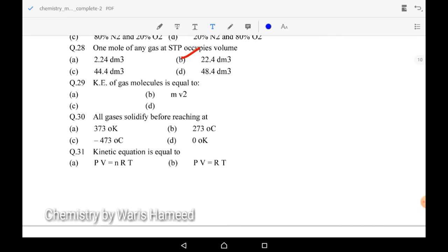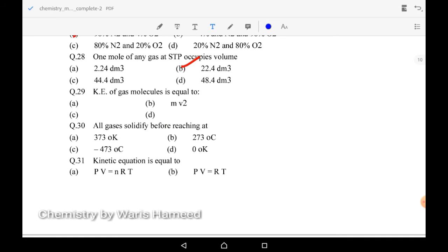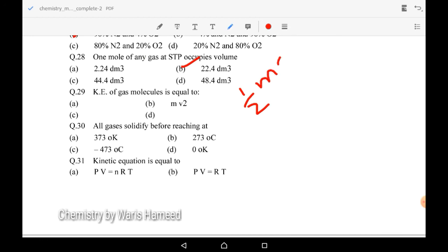Now 29th MCQ. The kinetic energy of a gas molecule is equal to 1/2 m c square bar. Here we also mention N, and if we are calculating for one molecule, then N will be equal to 1.